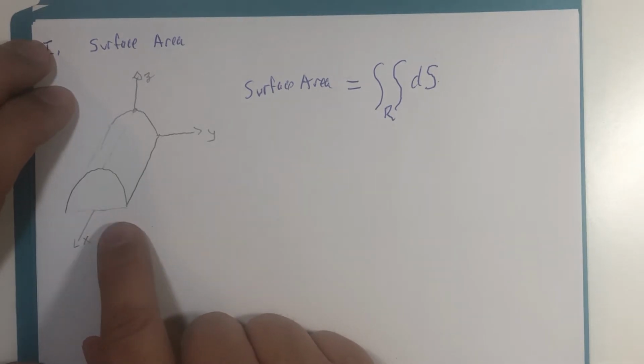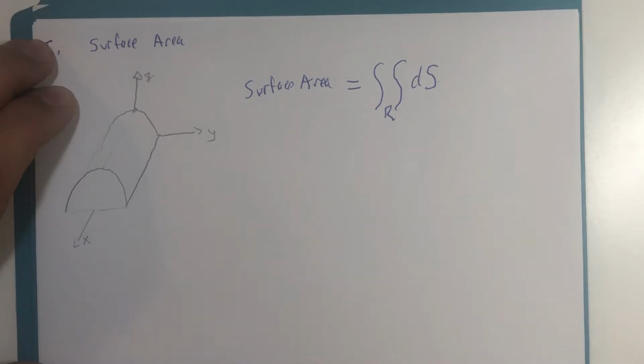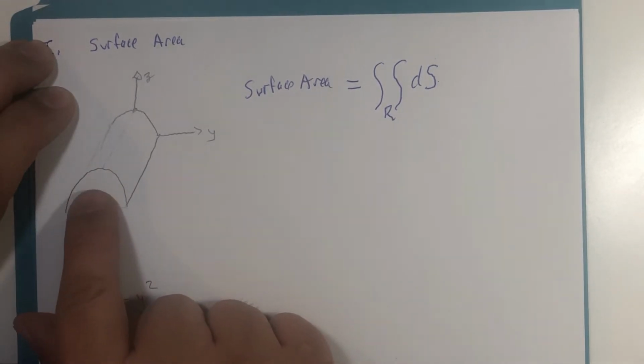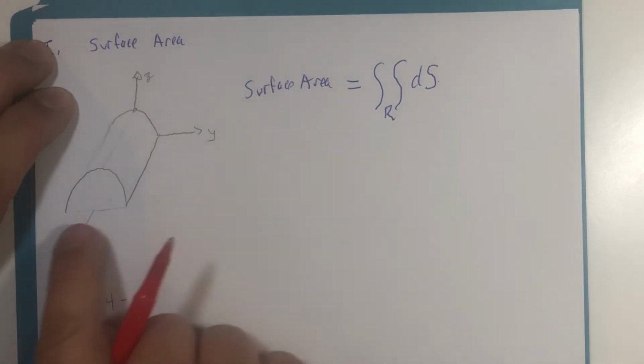So this dome, which we actually have a possible equation for, it could actually be the graph of z equals perhaps 4 minus y squared. This was called a cylinder, as I like to describe it, a two-dimensional shape that extended into the third dimension forever. And what we're interested in is the fact that it makes a surface.